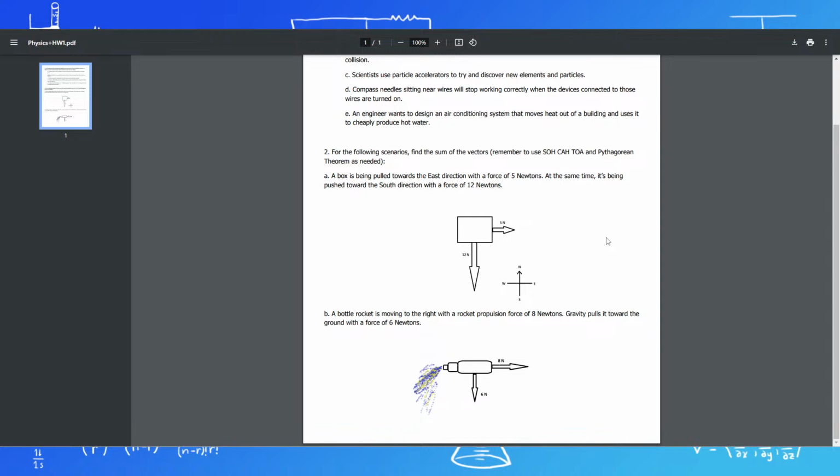But the other thing you can do is connect the two vectors you're trying to add tail to tail, and then draw copies of them to make, well, in this case, because they're at a right angle to each other, a rectangle.